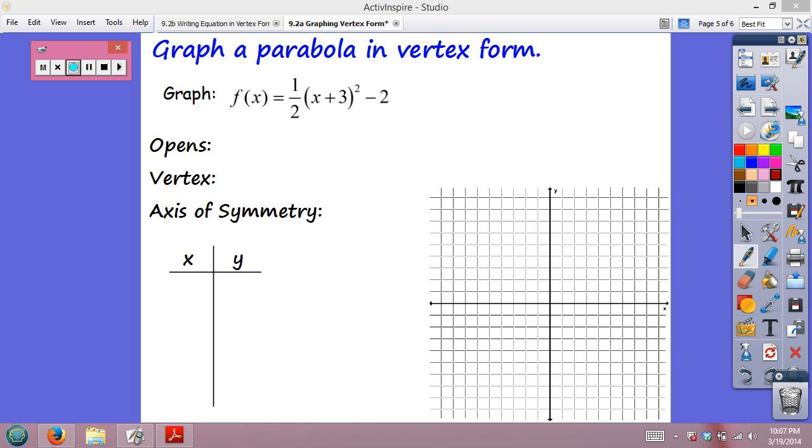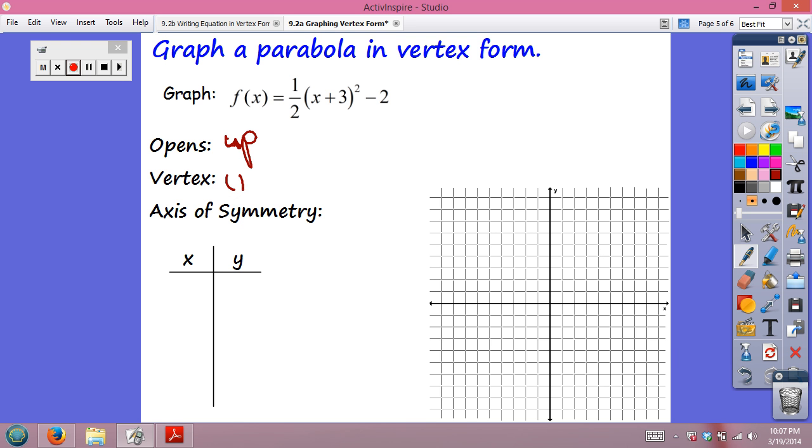Positive 1/2 still means that our parabola is going to open up. Our vertex is at (h, k). Another reminder, our h is negative by default, so that means that our h in this equation is a negative 3 and k is negative 2, leaving our axis of symmetry at x equals negative 3.